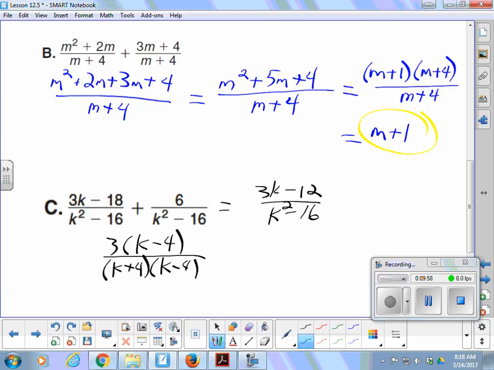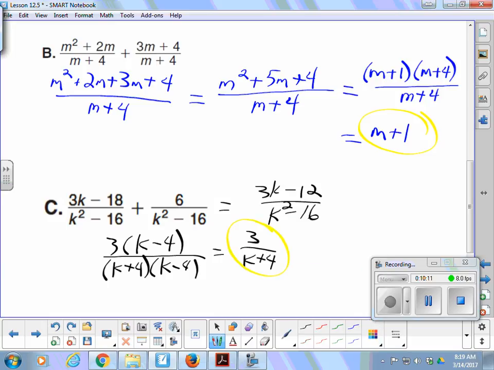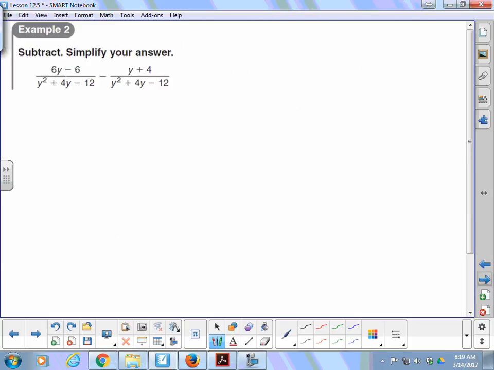The k minus 4s will cancel. We get 3 over k plus 4. You just have to remember to factor and cancel. Okay, subtracting.